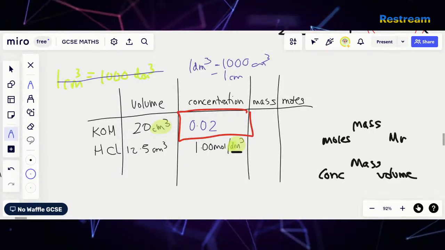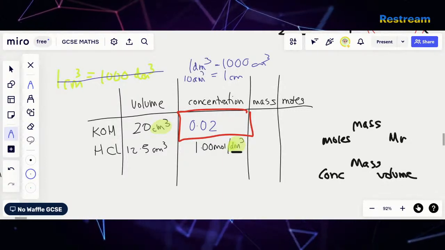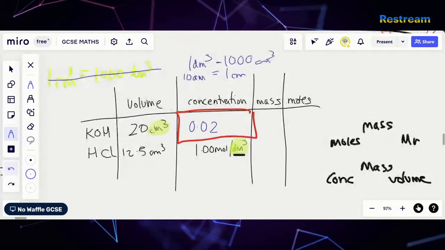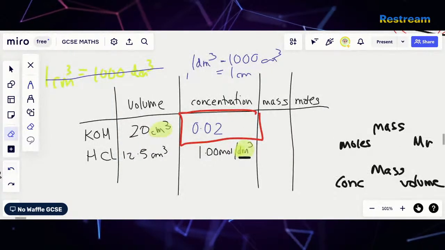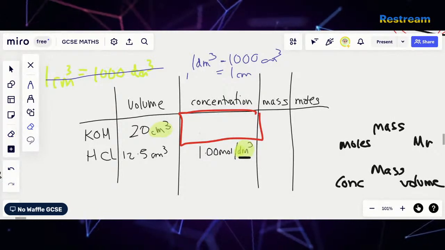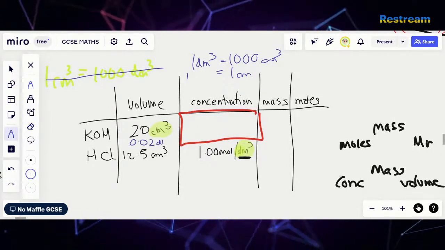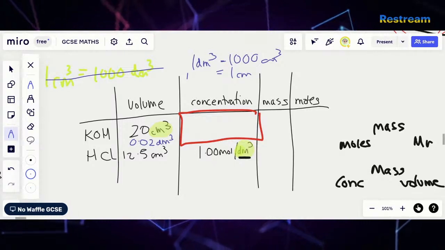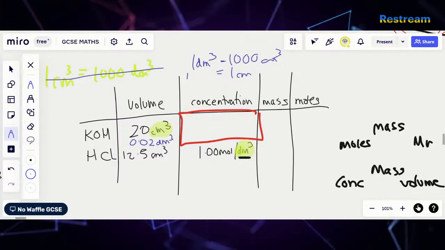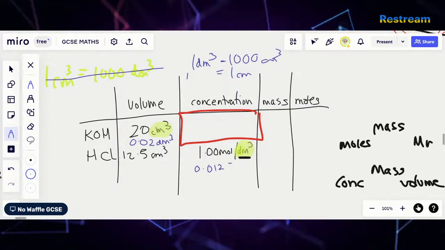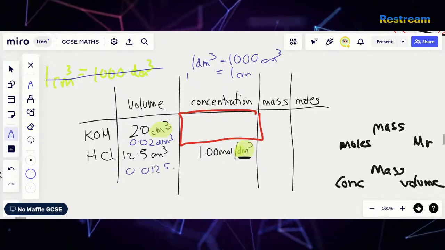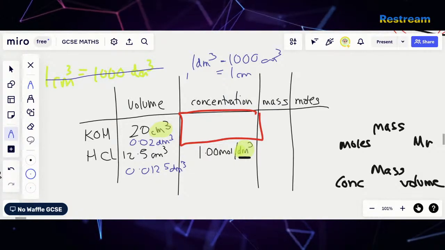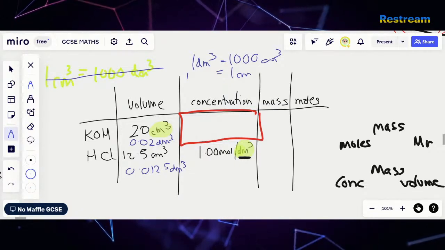And for hydrochloric acid, 12.5 divided by 1,000 would be 0.0125 decimeters cubed. So now we have the volumes of both of them in the correct units.